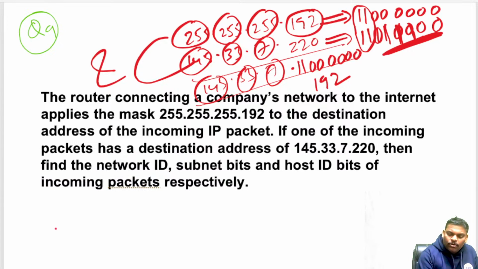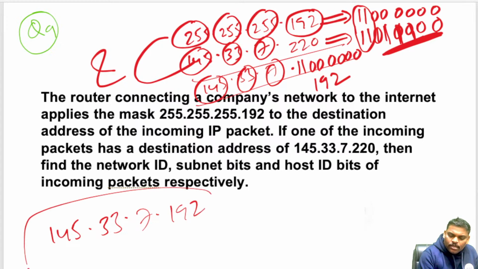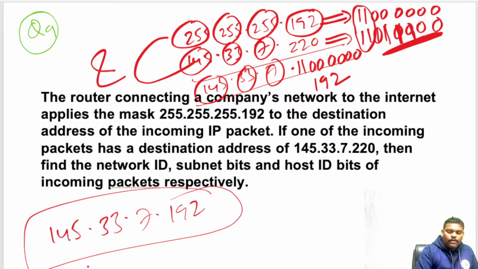While writing I wrote it wrong. 145.33.7.192. Last octet is 192, before that is 7, before that is 33, before that is 145. Yeah, this is the answer. Is it okay?